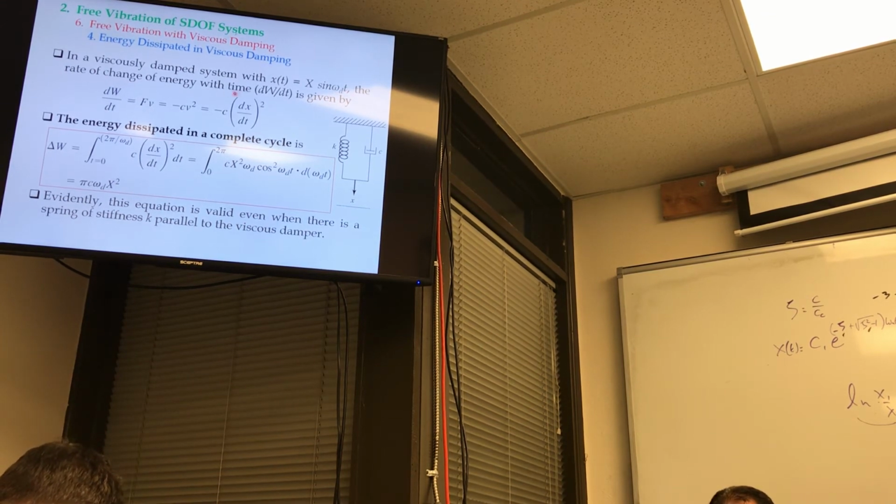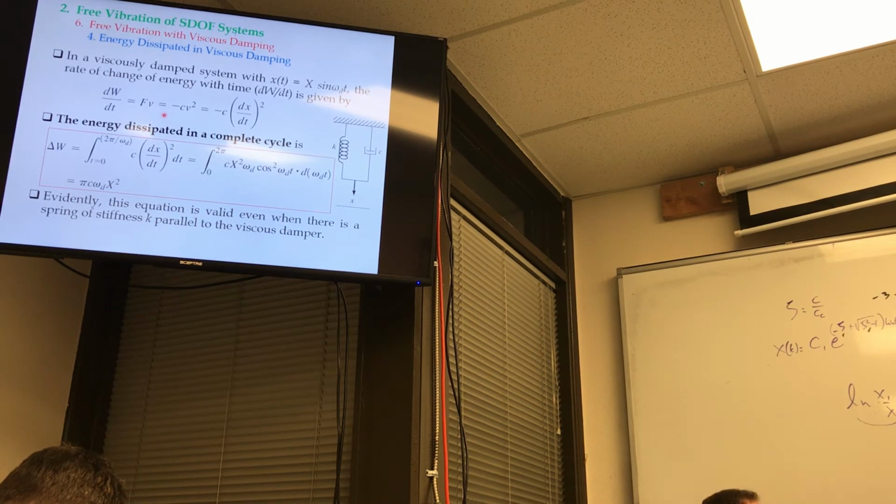The rate of change of energy with respect to time is going to be given by the damper, and we know the force developed in the damper is proportional to the velocity. So F is equal to C times V.